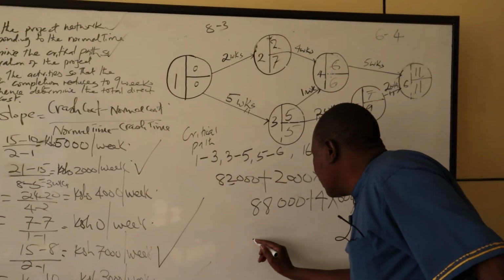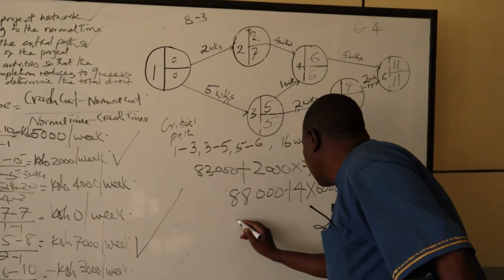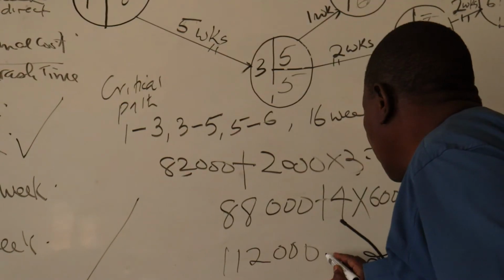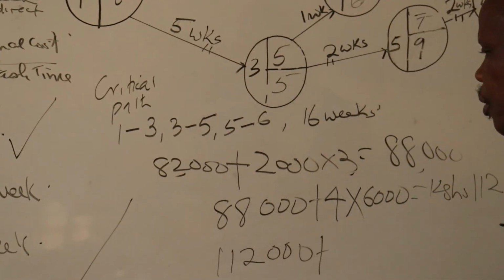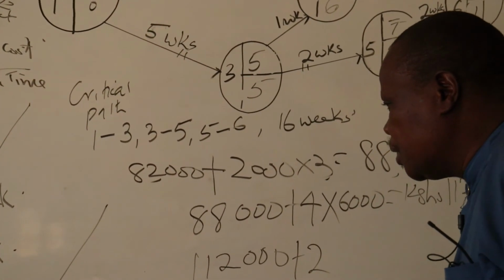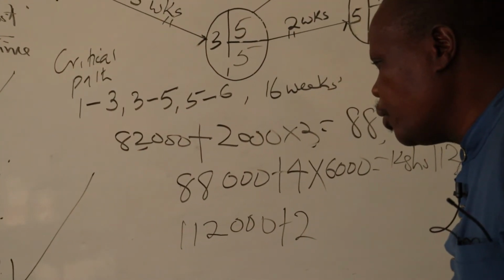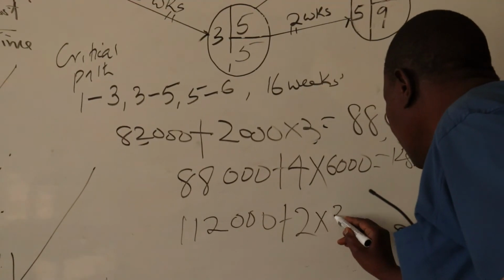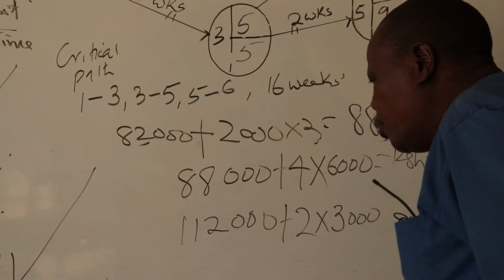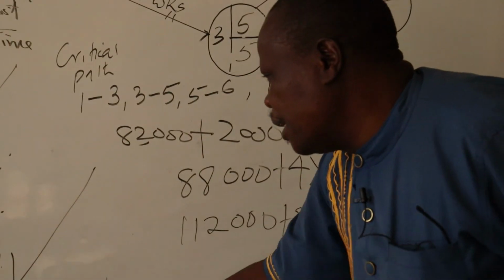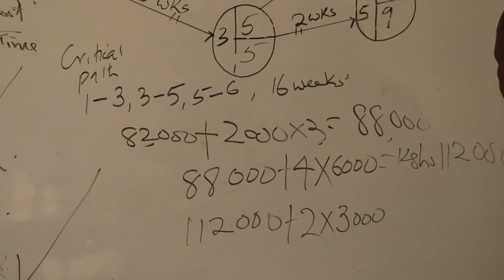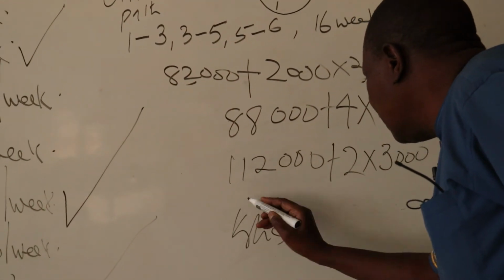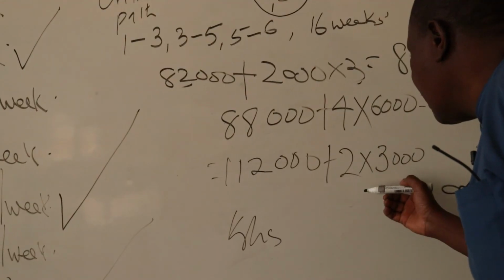Therefore, crushing of activity 4 to 6 is associated with a cost equivalent to plus 2 weeks available, that is 5 minus 3, times the cost slope per week of 3,000. You multiply by 2, and this becomes Kenya shillings 6,000.